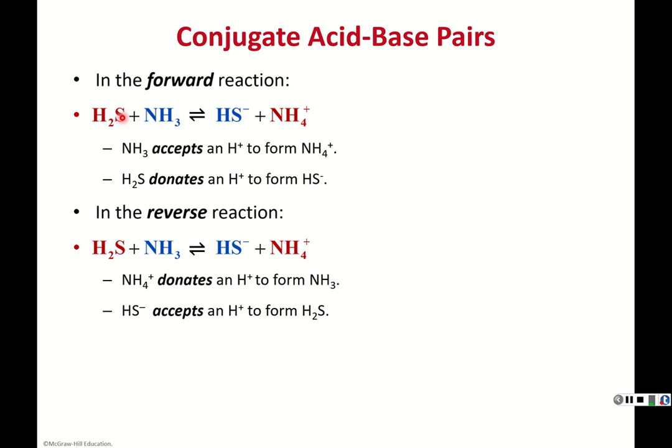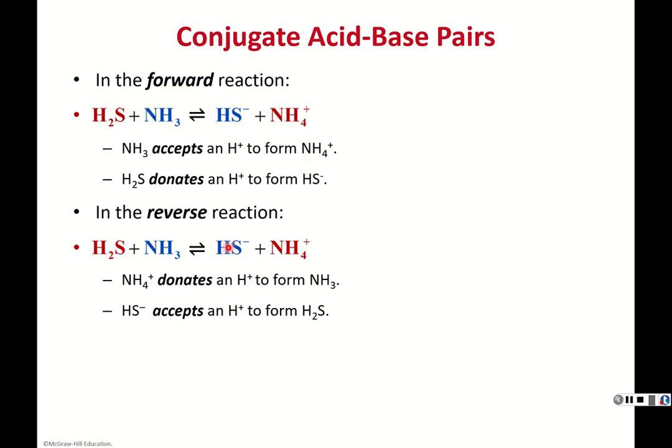Let's try hydrogen sulfide plus NH3. Hydrogen sulfide will be donating a proton and turning into HS-. NH3 is going to be accepting that proton and turning into NH4+. So NH3 is our base, H2S is our acid. Our conjugate base is HS-, and our conjugate acid is NH4+.